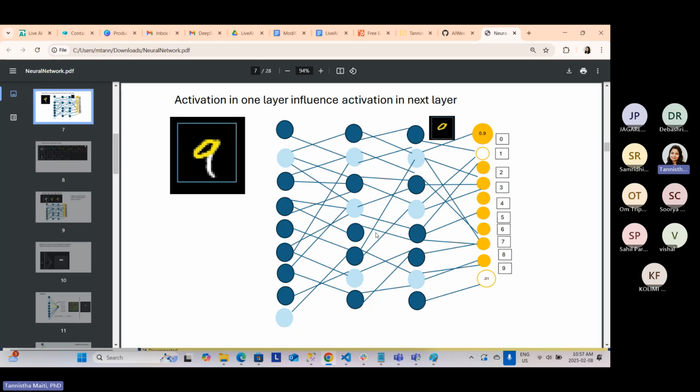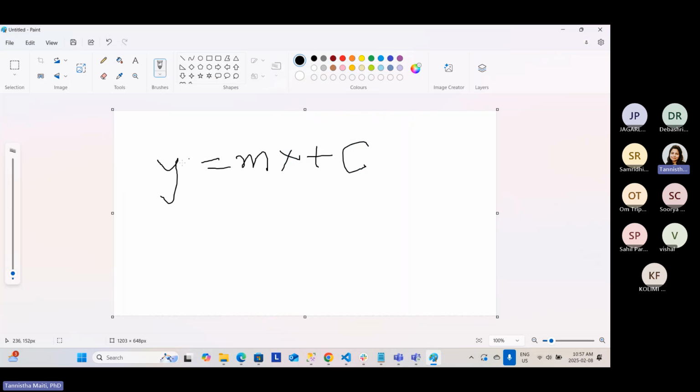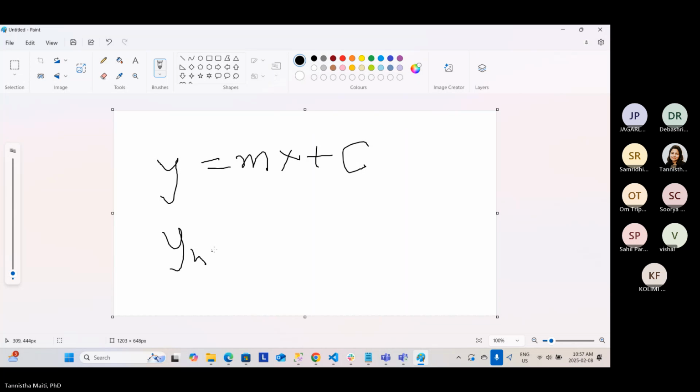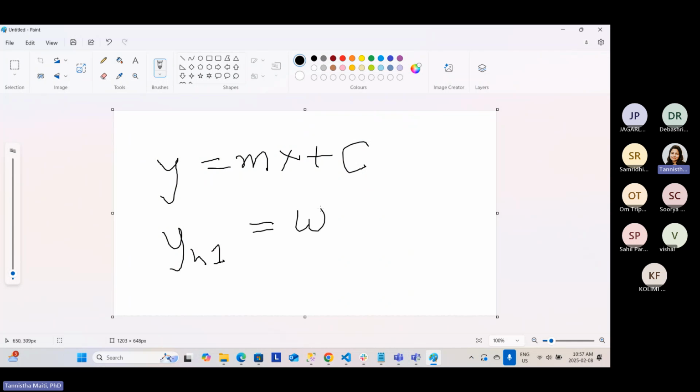This is where this equation comes in. Instead of y, I can say this is the y of hidden layer 1. This is one neuron, which is connected with a weight. So this is hidden layer 1 and i is the neuron, okay?